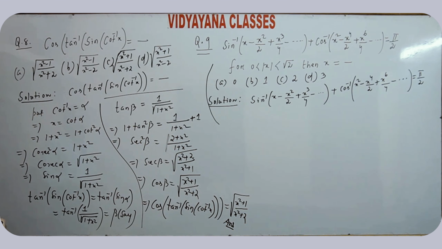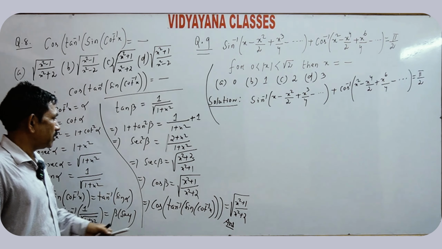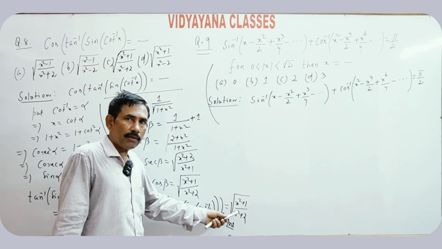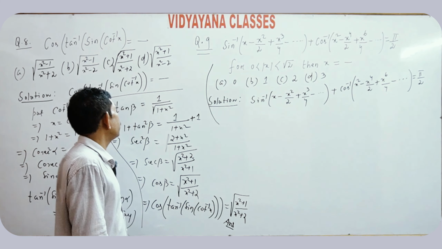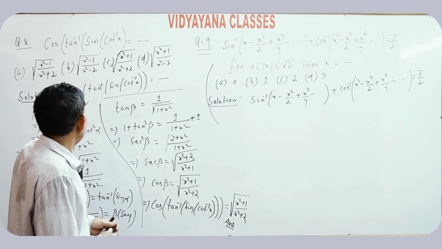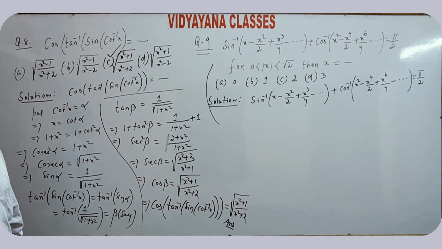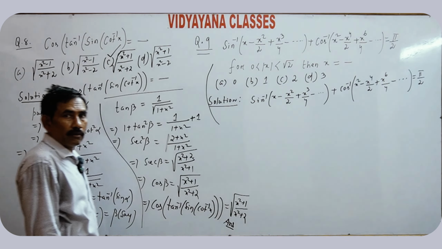So cos tan inverse sin cot inverse x is equal to square root of x square plus 1 divided by x square plus 2. So the correct option is C. Okay.